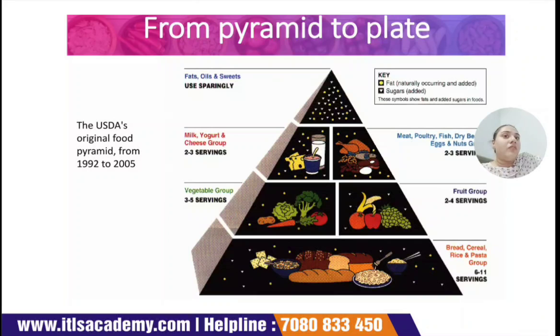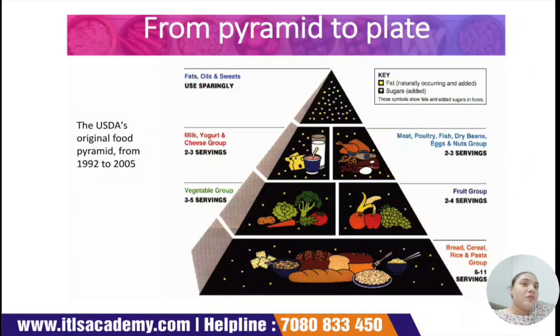Okay, now from pyramid to plate. If you see this diagram, it says from pyramid to the plate. This is the USDA's original food pyramid, one of the examples just to show you. From 1992 to 2005, they said you should consume milk, yogurt and cheese groups at 2 to 3 servings, and meat products at 2 to 3 servings.